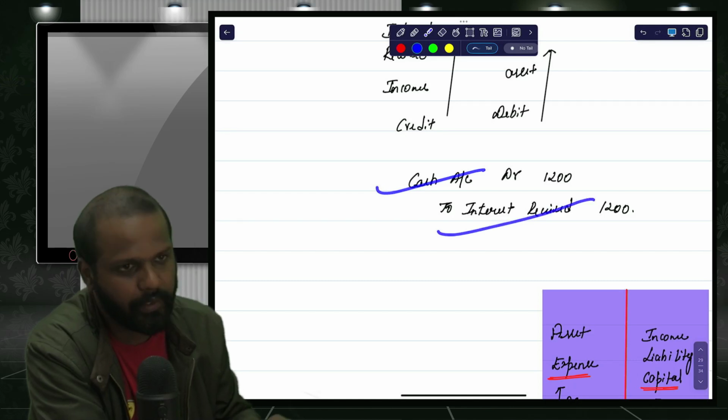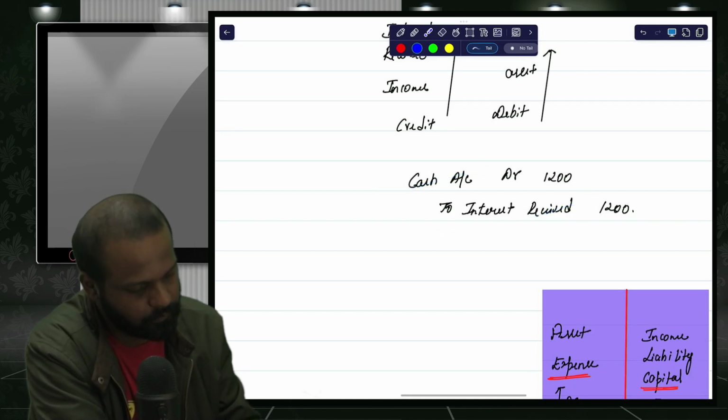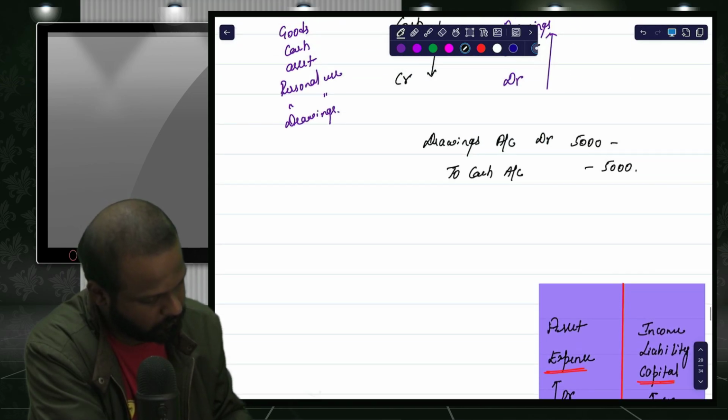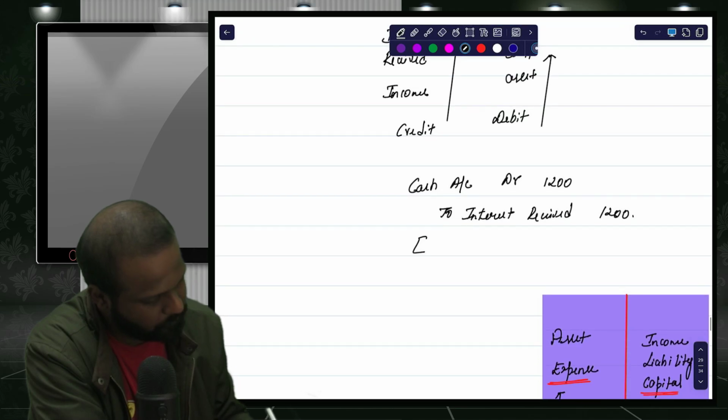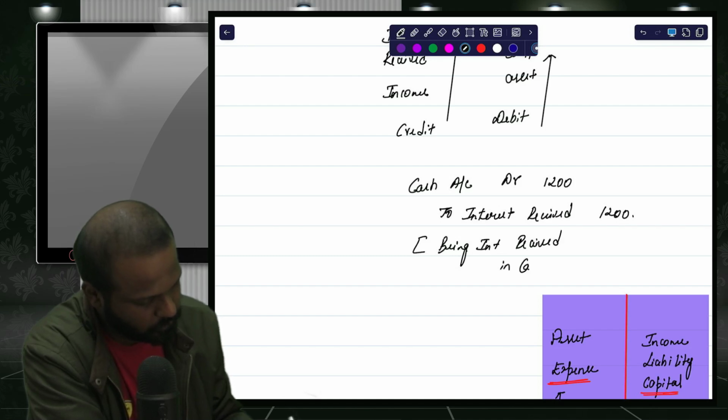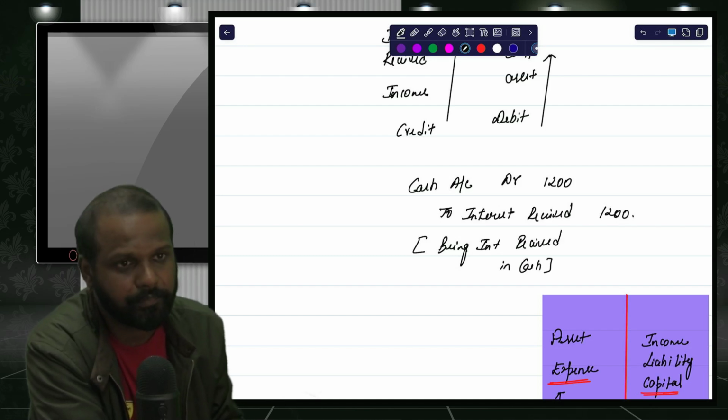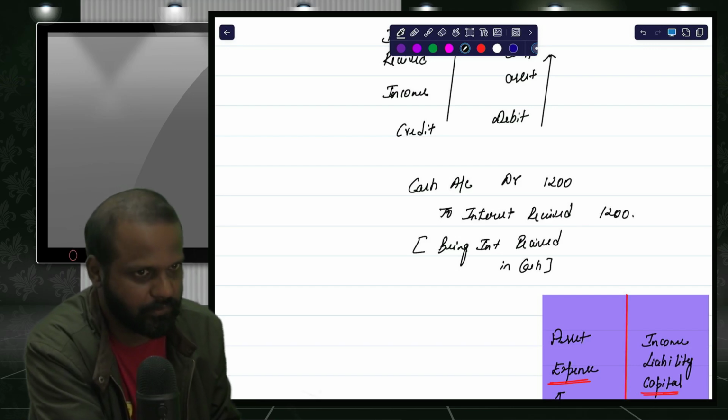Cash account debit to interest received. Narration: Being interest received in cash.